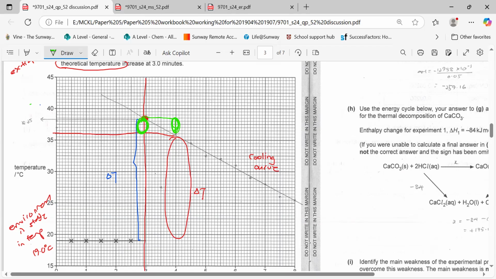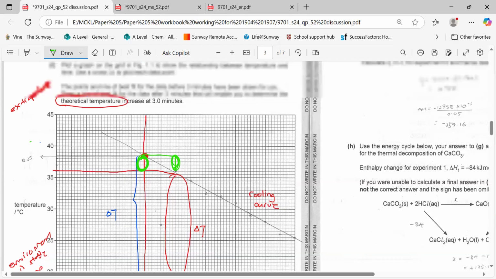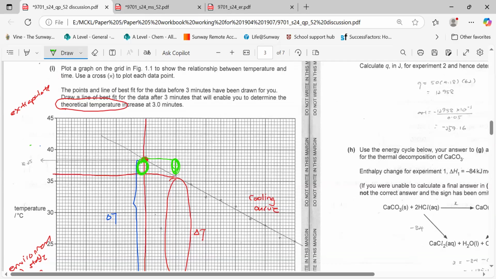As you can see, in red, you can only capture this much temperature rise. But if you backtrack using a graph, you can capture more temperature change. The difference between the two is actually the heat that was lost to the surroundings. So plotting a graph is a more accurate way of analyzing the experiment.